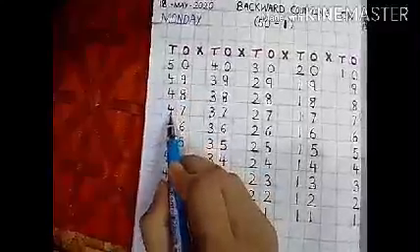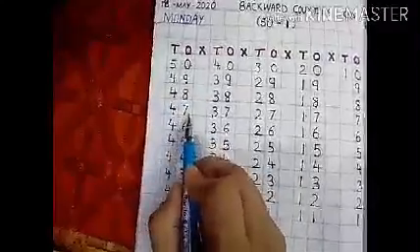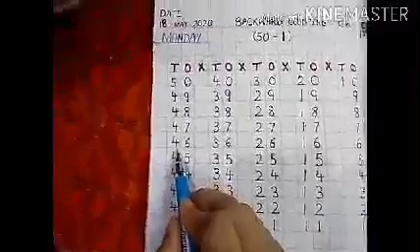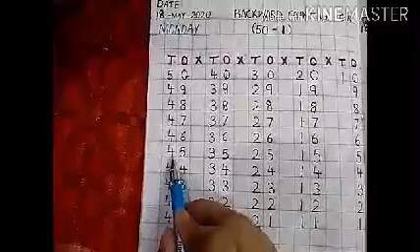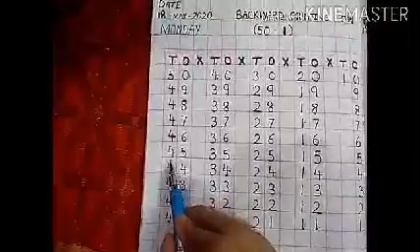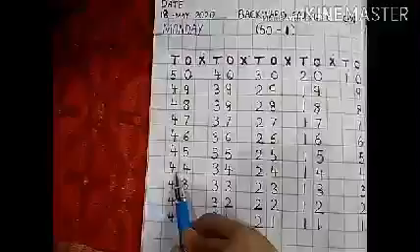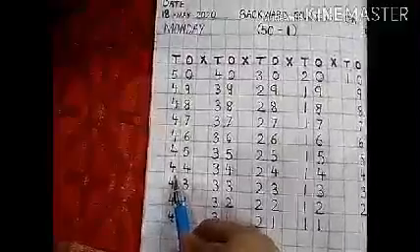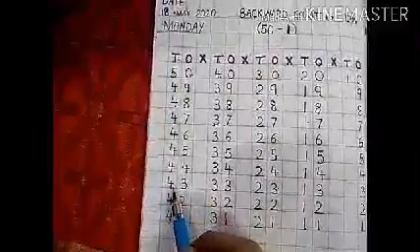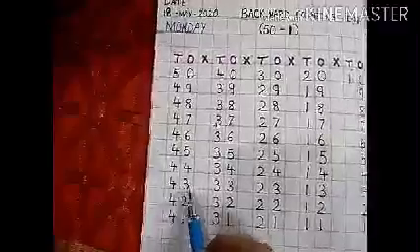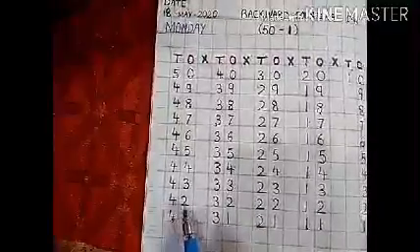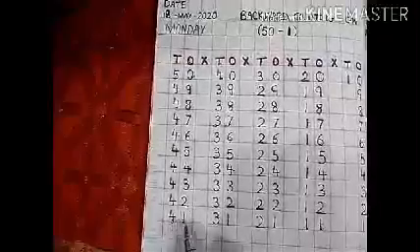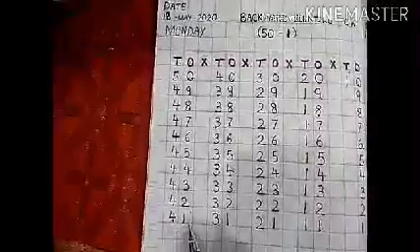Then 4, 7, 47. Below that 4, 6, 46. Below that 4, 5, 45. Then 4, 4, 44. Then 4, 3, 43. Then 4, 2, 42. Below that 4, 1, 41.